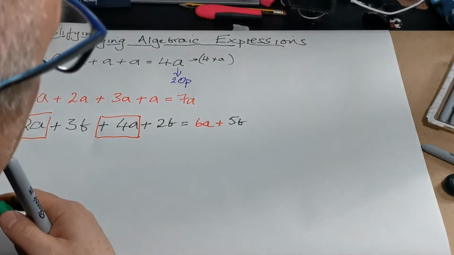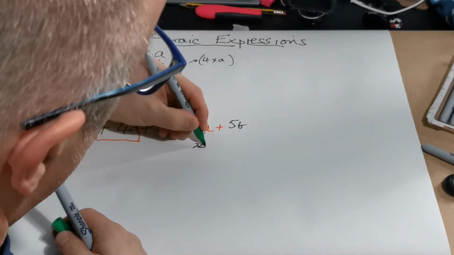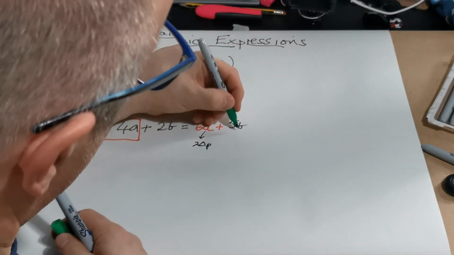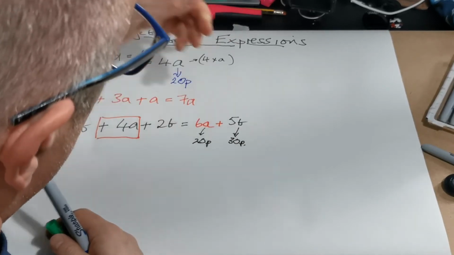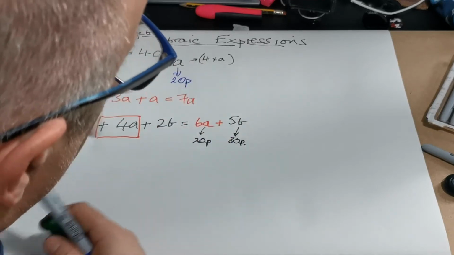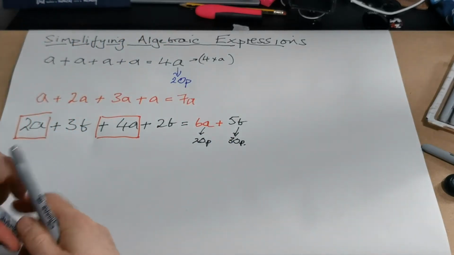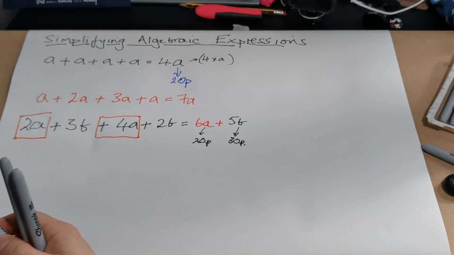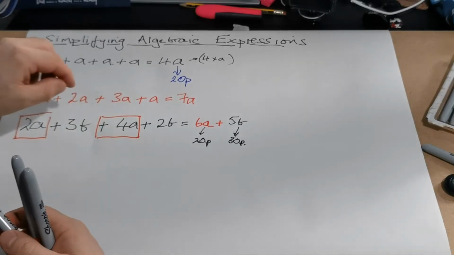And again, A represents the cost of an apple, so say it's 20p for an apple, and B would represent the cost of a banana, so say it was 30p for a banana. Here I've got £1.20, there I've got £1.50, so £2.70 altogether. Is an easier way of working things rather than saying, right, I've got 2 times 20 there is 40, 3 times 30 there is 90, so 40 plus 90.